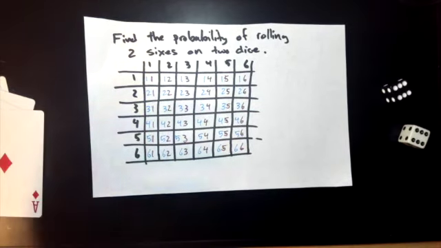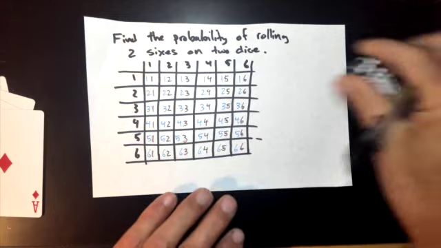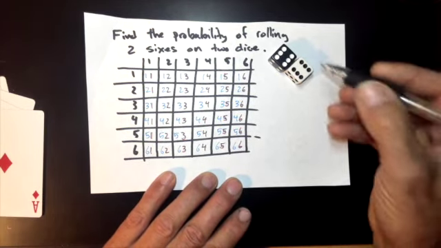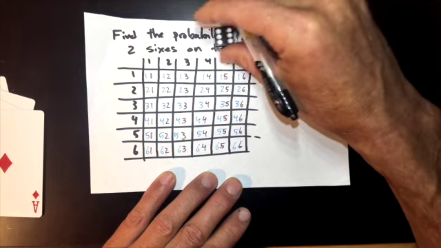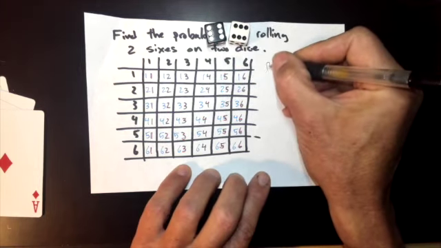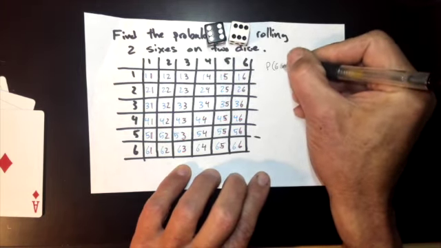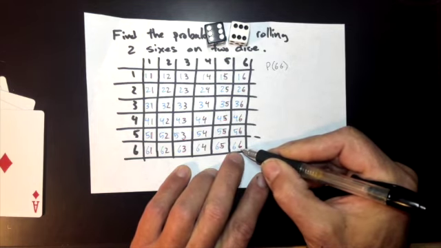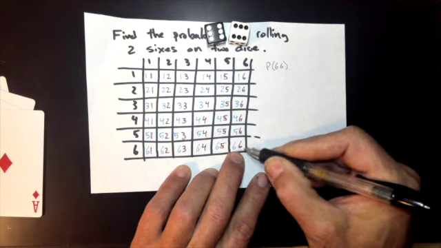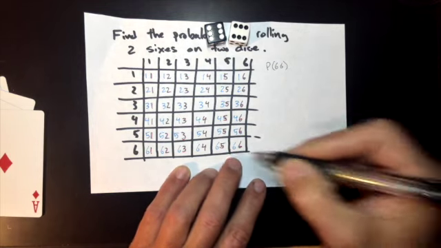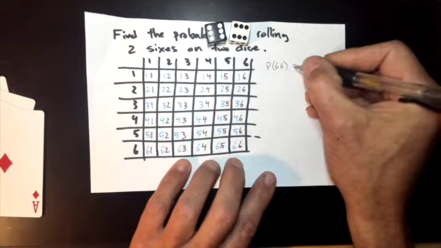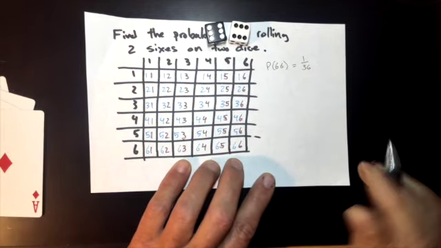Anyway, if I want to figure out the probability of getting 2 6s, I would just look to see how many elements are in my event 2 6s. There's only one possible way to get 2 6s. That's a 6 on both die. If I switch those around, it'd still be a 6 on both die. So there's just one of those out of 36, so that equals 1 out of 36.